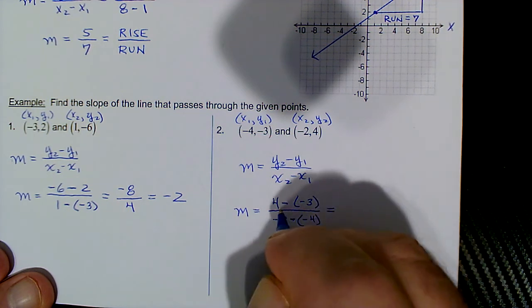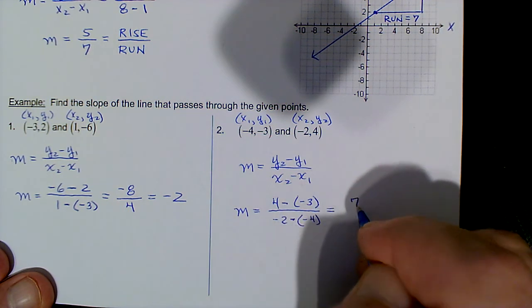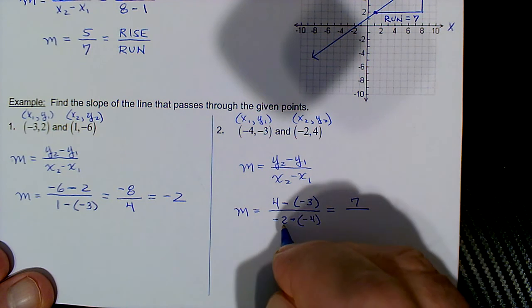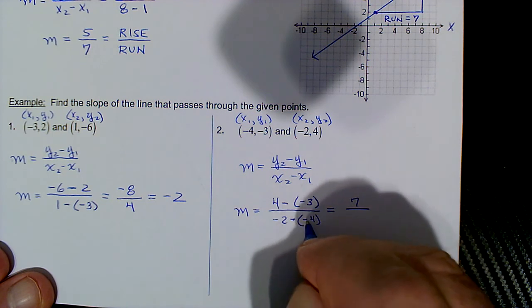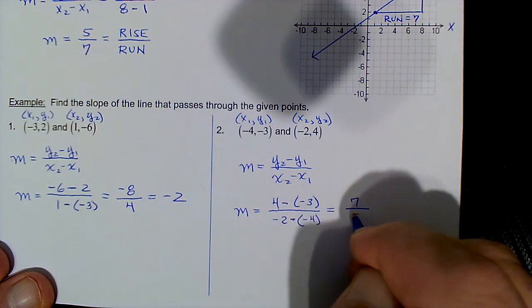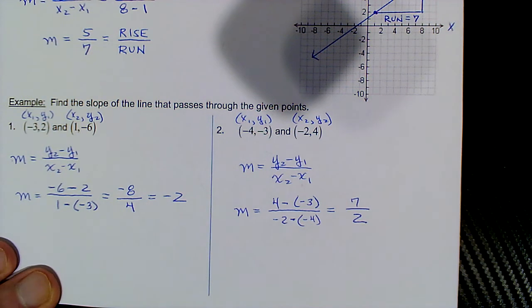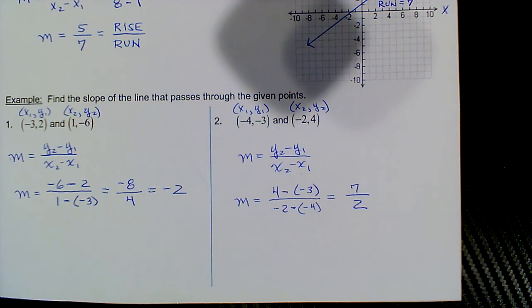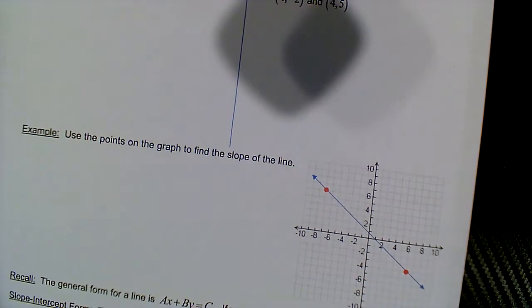We're still going to consider just labeling these as x1, y1, and x2, y2. And we write down our slope formula. Again, y sub 2 minus y sub 1 over x sub 2 minus x sub 1. And we show our substitutions.